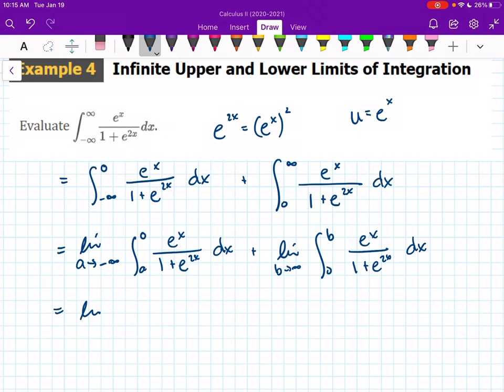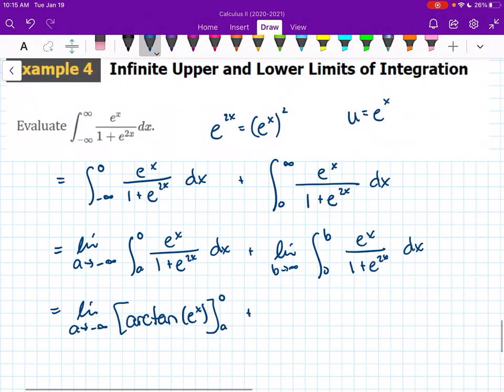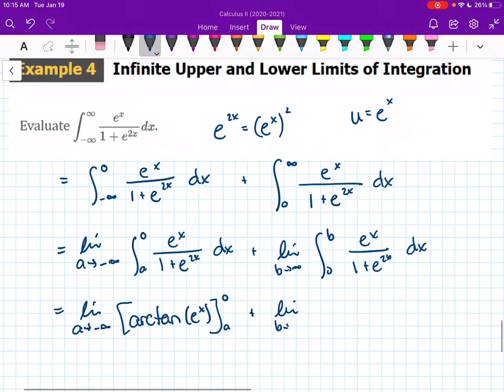So then I have the limit as a approaches negative infinity of arctan of e to the x, evaluated from a to 0, plus the limit as b approaches infinity of arctan of e to the x from 0 to b.